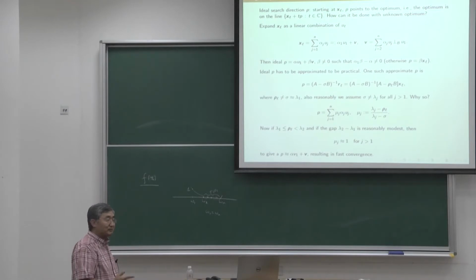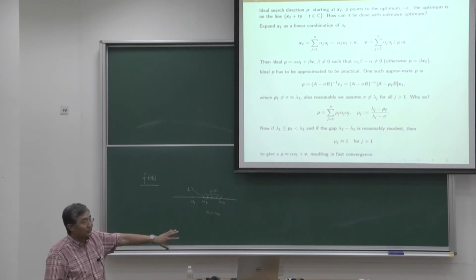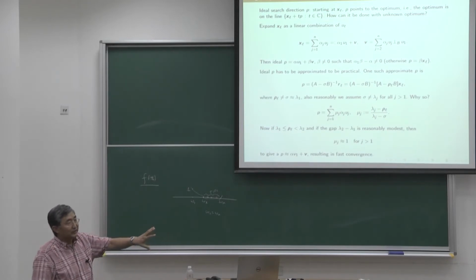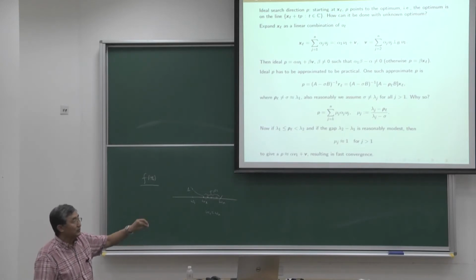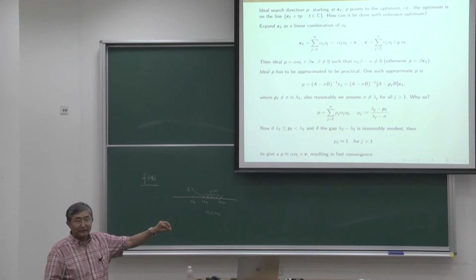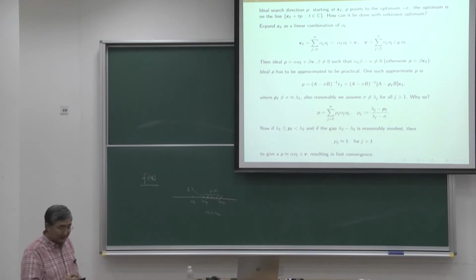Inverse iteration basically asks, what direction should I take? I'll take the vector that has a component as large as possible in the direction of the vector that we're looking for, in this case u1. But here, that's not necessarily true.